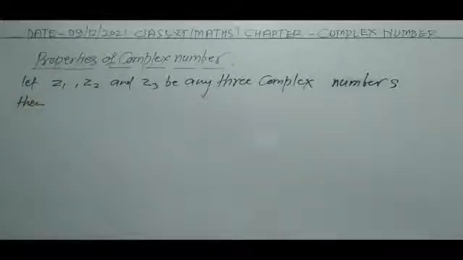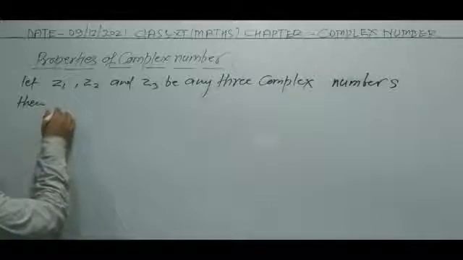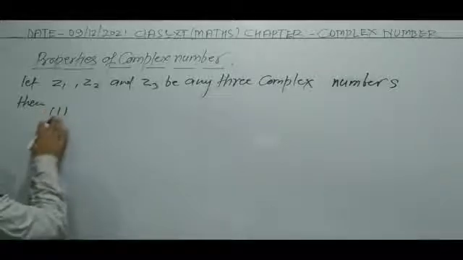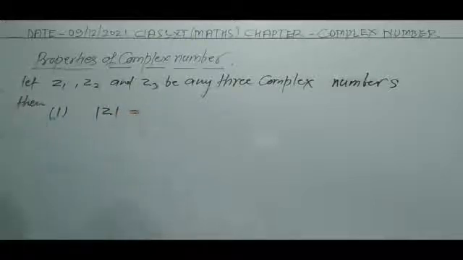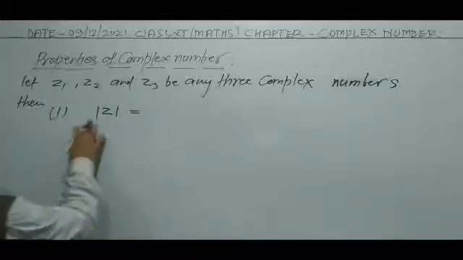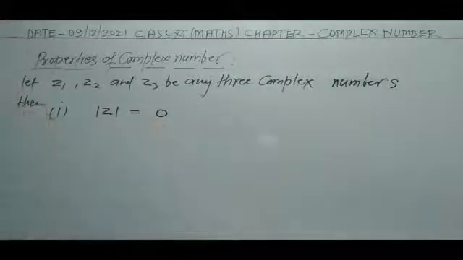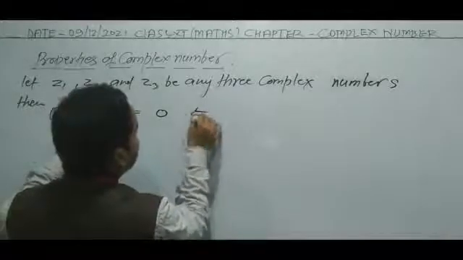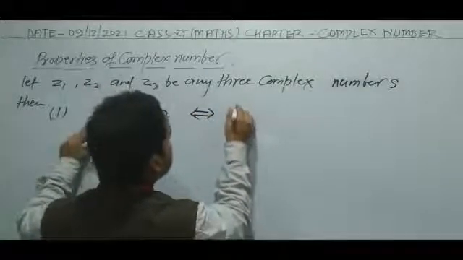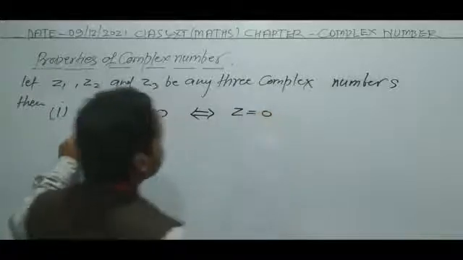see the first property. Then first part is mod of z, the modulus value is always positive. Suppose if mod of z is equal to 0, this implies we can write z is equal to 0.